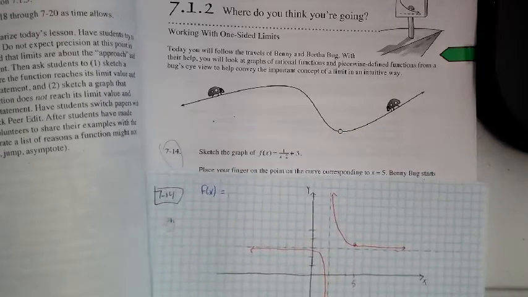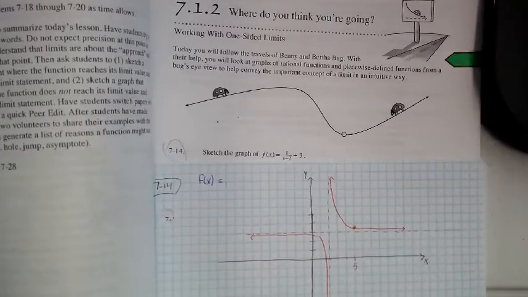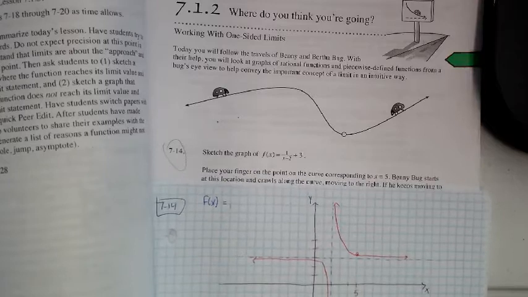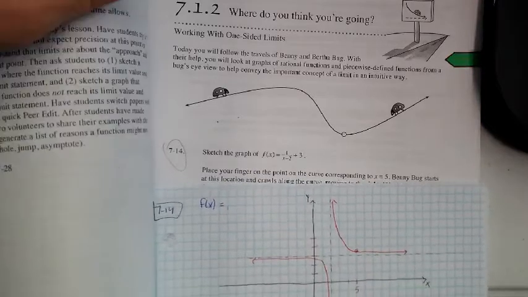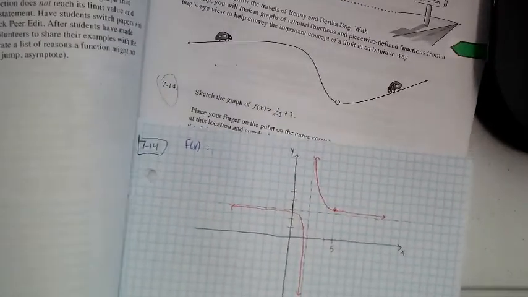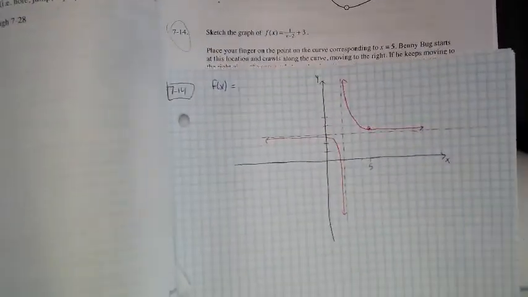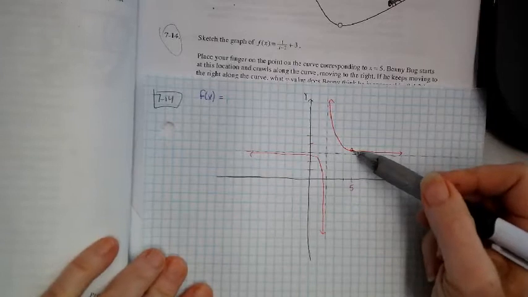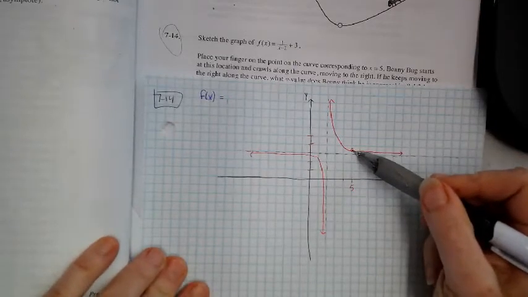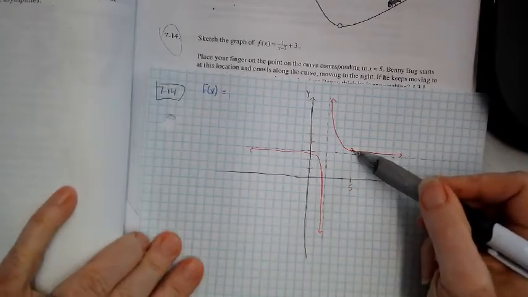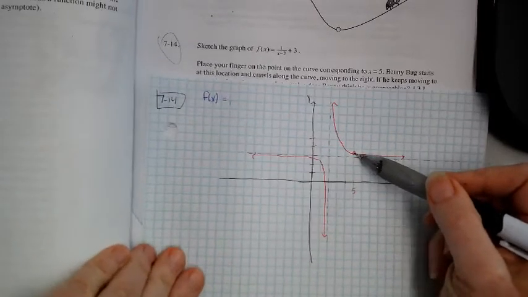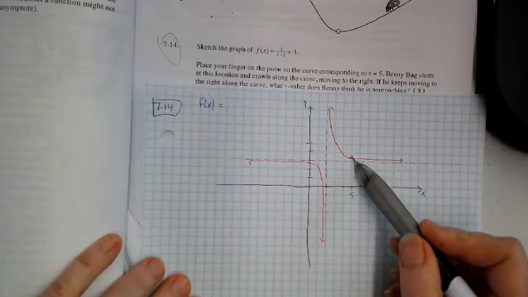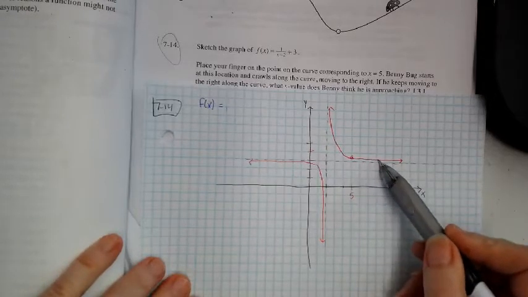That's not really what this question is about, though. It wants us to place our finger on the point on the curve corresponding to x equals 5. So x equals 5 on the curve is right here. Then it says Benny Bug starts off at this location and crawls along the curve moving to the right. So here is a little picture of Benny Bug, and he's going this way.